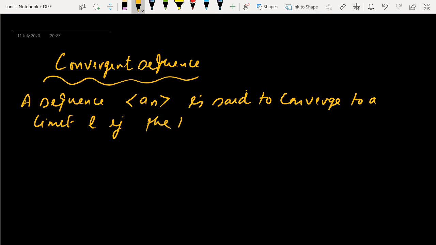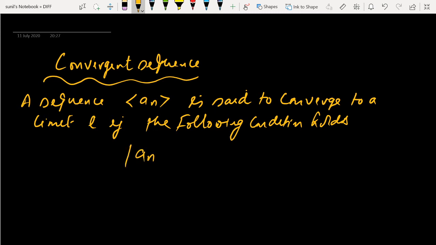We write that mod a_n minus L is less than epsilon for all n greater than or equal to m.